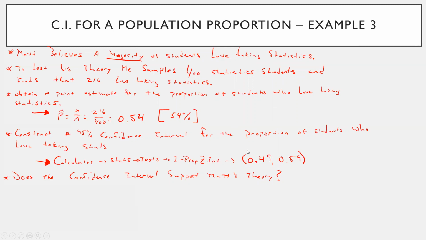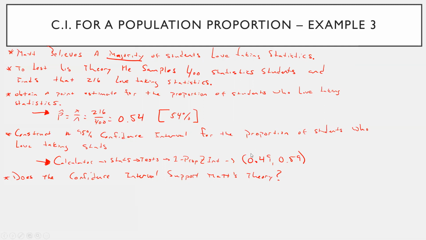Do you notice how the bottom part of this interval is less than 50%? Right? Yes. The lower value could be 49% of students love taking stats, which is not a majority. Even though most of the interval is above 50%, some of that interval is still below 50%.